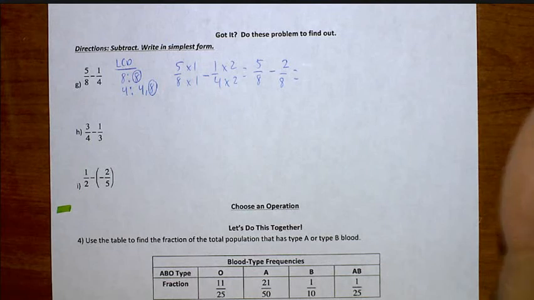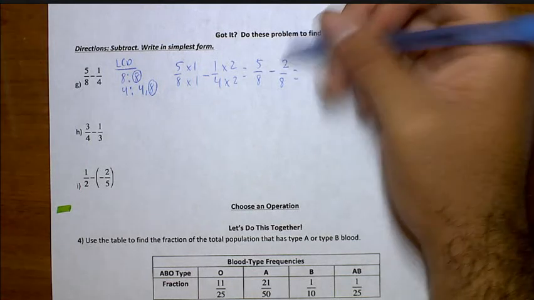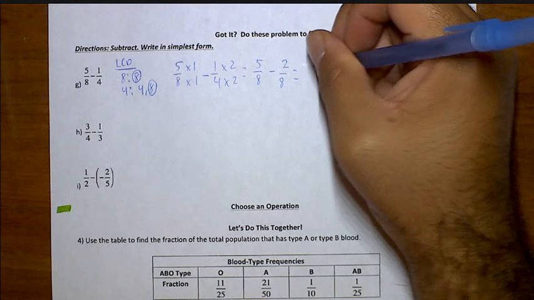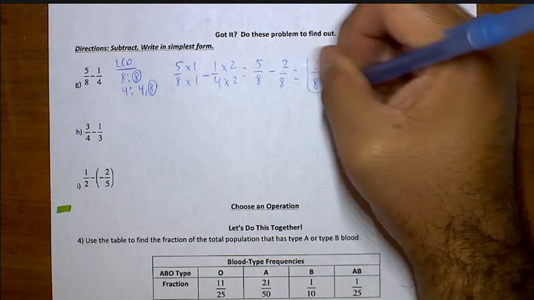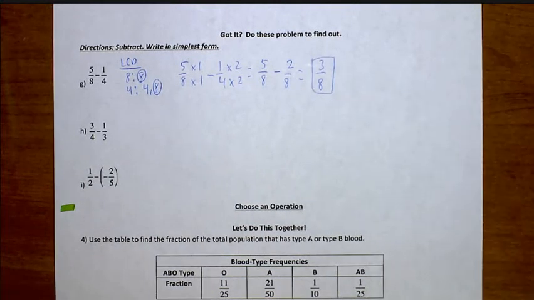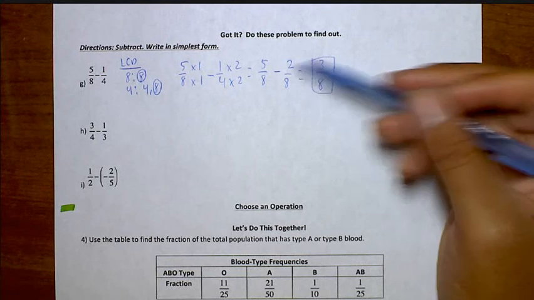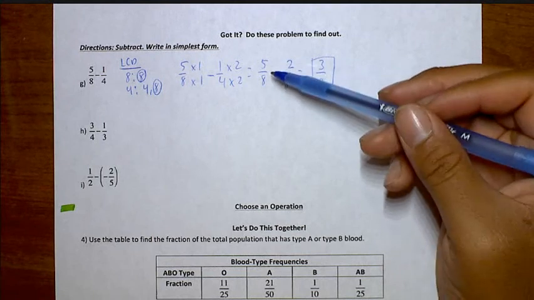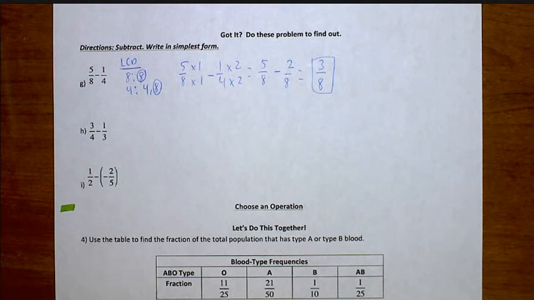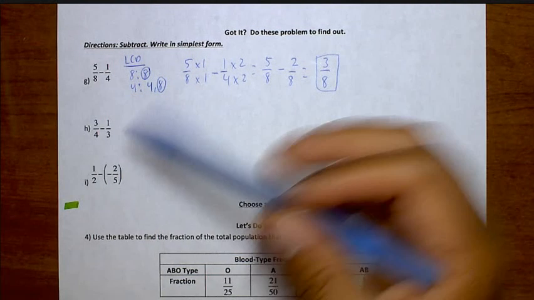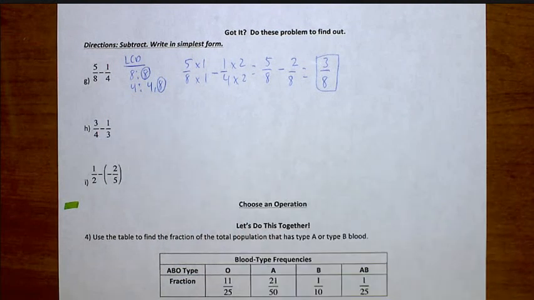We have 3 over 4 times 3 times 3 minus 1 over 3 times 4 times 4 equals 9 over 12 plus negative 4 over 12.